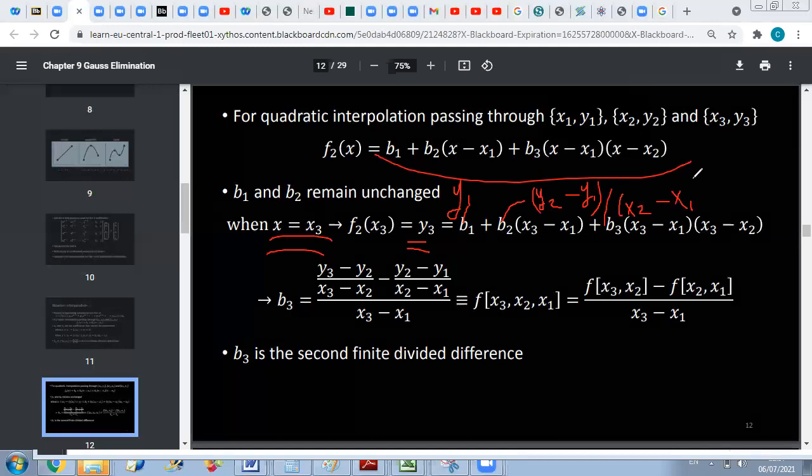So now, let us rearrange terms together. We want to find the value of b3.